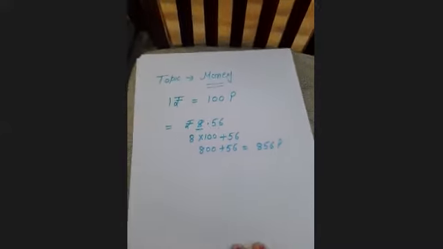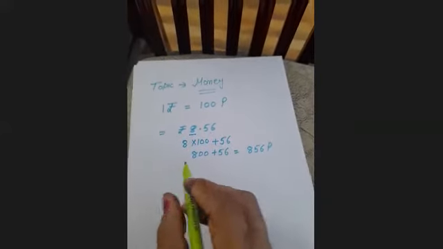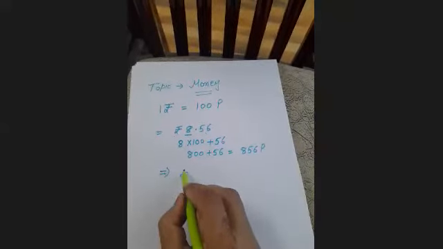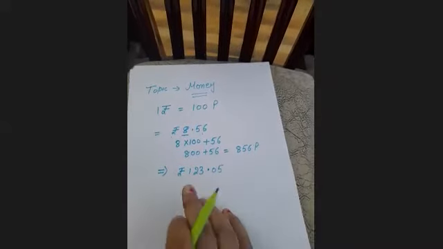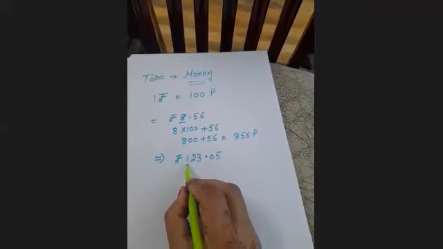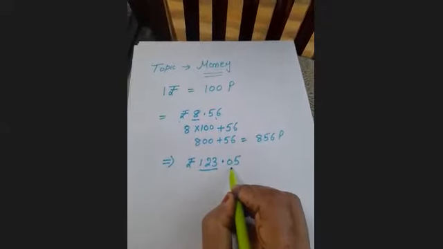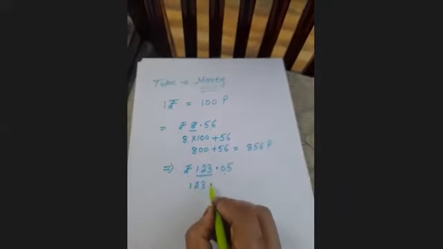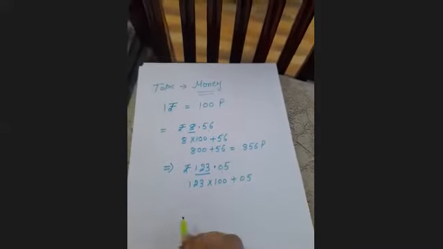Next, second example, is convert 123 rupees and 5 paise into paise. Same, students, first convert 123 rupees into paise, then add 5 paise as it is. 123 multiplied by 100, then add 5.